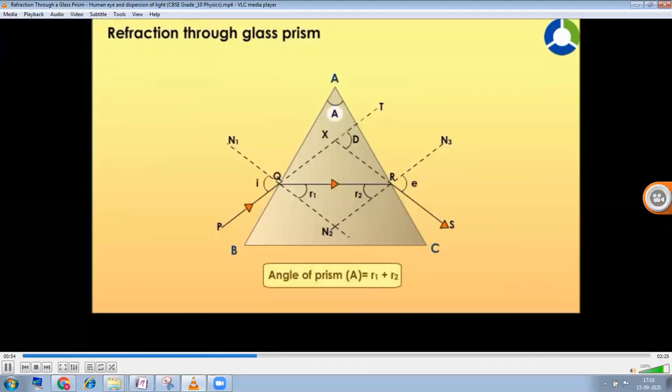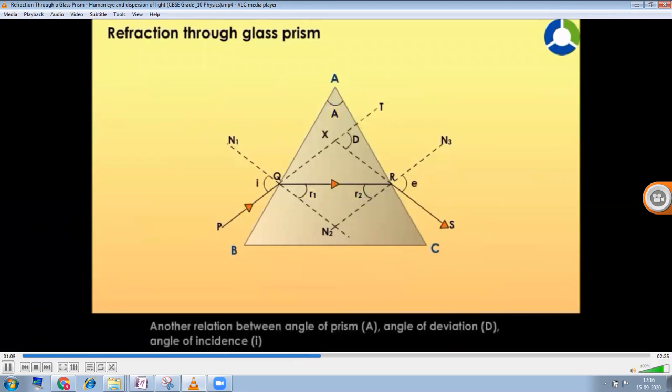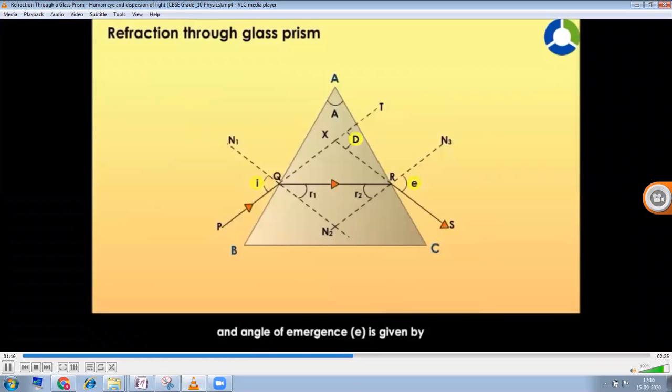Angle of prism A equals R1 plus R2, where R1 is the angle of refraction inside the prism and R2 is the angle of incidence inside the prism. Another relation between angle of prism A, angle of deviation D, angle of incidence I, and angle of emergence E is given by A plus D equals I plus E.